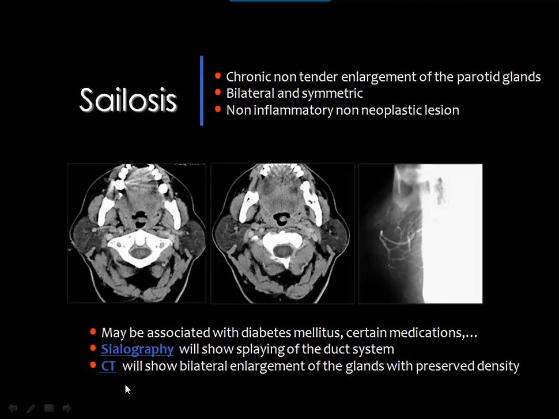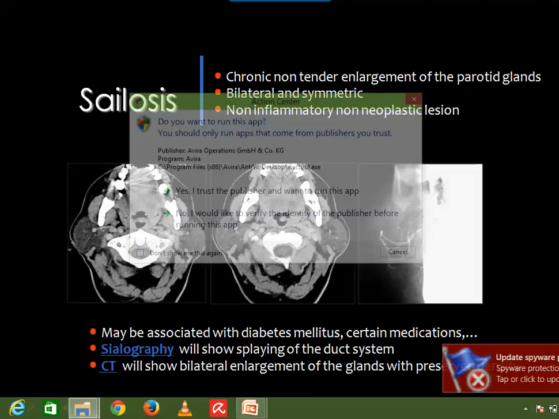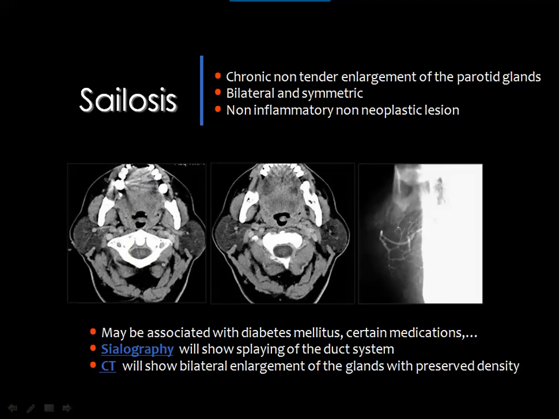Sialosis means benign symmetrical enlargement of the parotid gland having normal CT density with no evidence of inflammation. The subcutaneous fat is maintained, and this case is known as sialosis, which is chronic non-tender enlargement of the parotid glands.